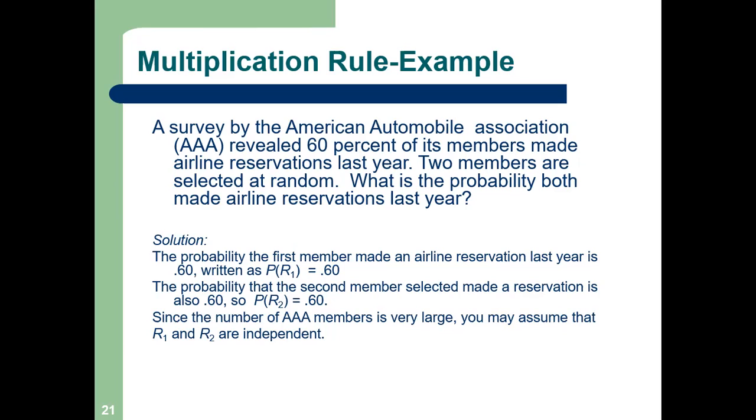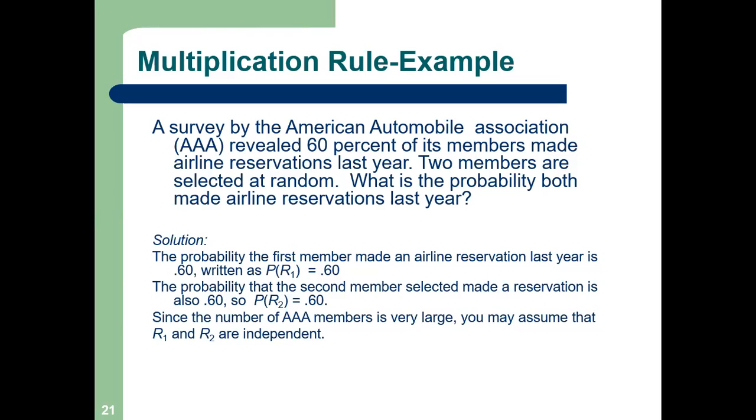The second member, since they select two members, also made a reservation last year with probability 0.6. So probability of R2 is 0.6. Since the number of members is very large, you may assume that R1 and R2 are independent, because 60% of members made a reservation.